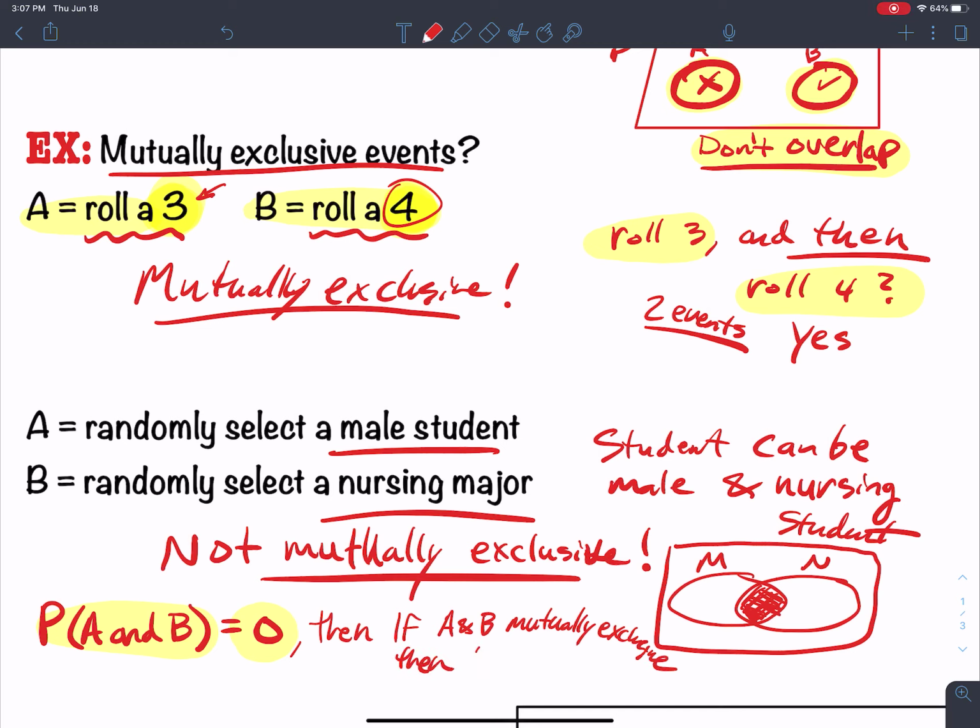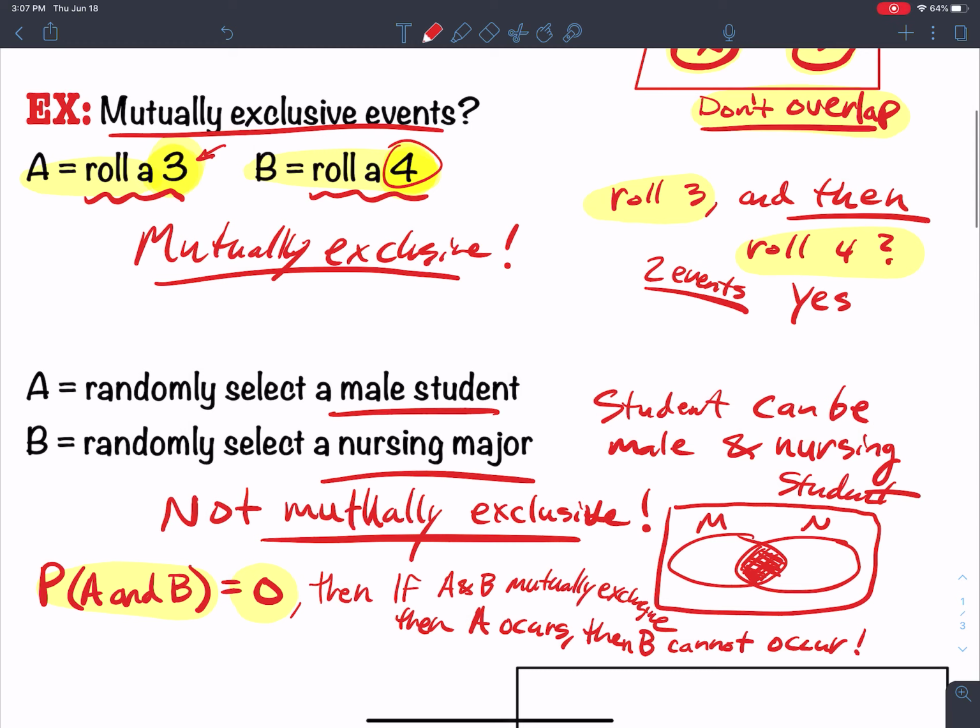If A occurs, then B cannot occur. They are totally dependent. This implies dependent. So if mutually exclusive, then you are dependent. It's the exact opposite of independence.